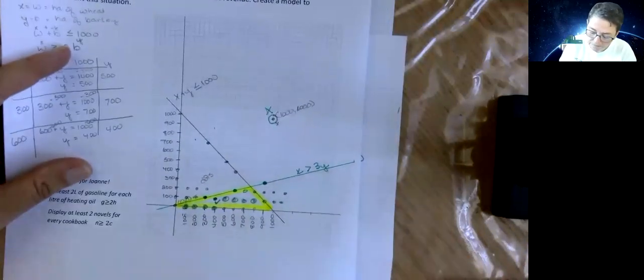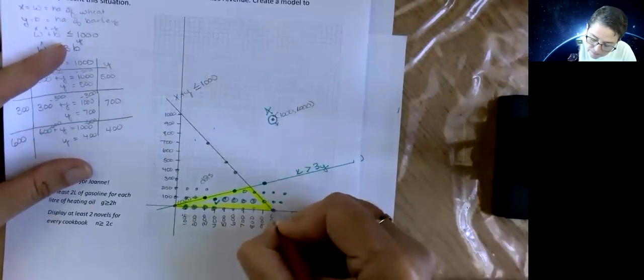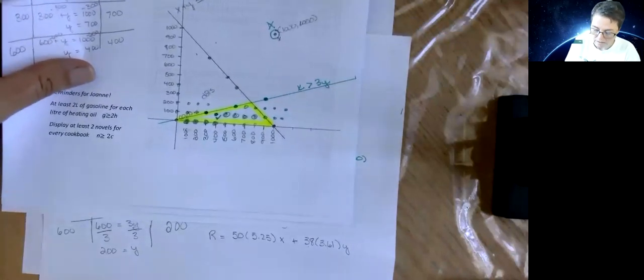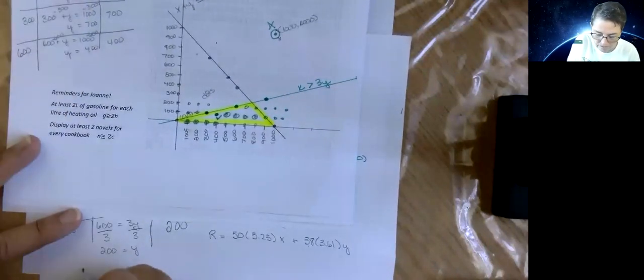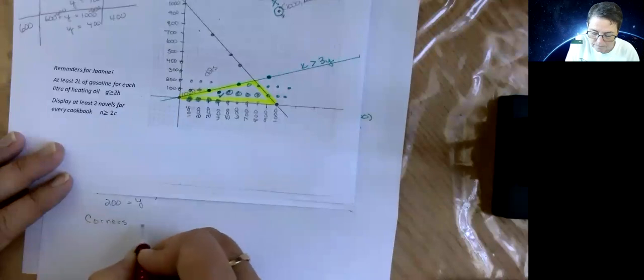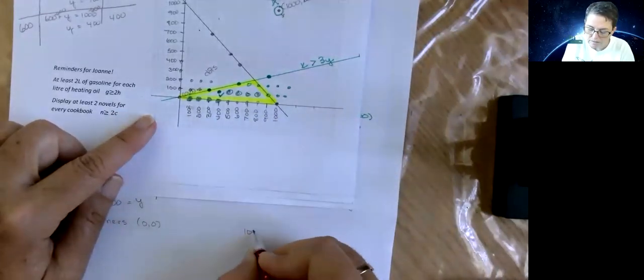Now, we have to go here and we have to find our corners. So there's one. I'm just going to write corners. And we've got 0 and 0. And if we go over here, we have 1,000 and 0.